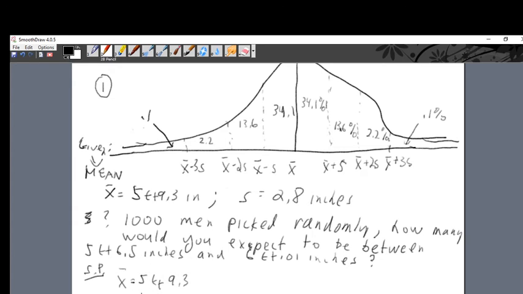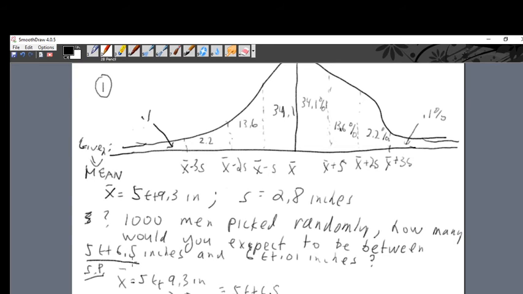If I subtract 2.8 inches from these inches, you will get 5 foot 6.5. That's why it's a bit of a trick question. That's actually one standard deviation away from the mean, behind it, to the left. All the heights lower than the mean are to the left, and all the heights higher than the mean are to the right.